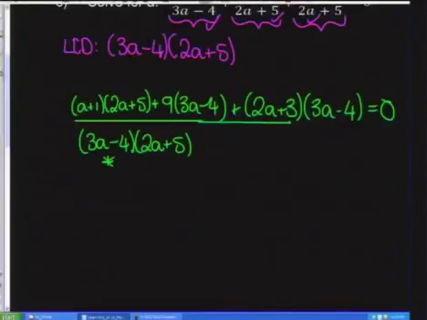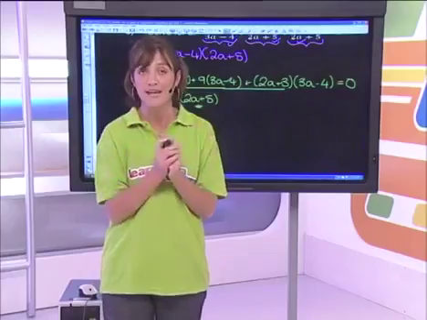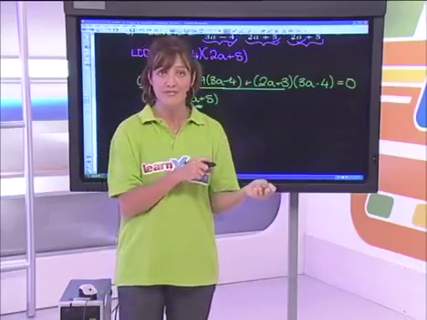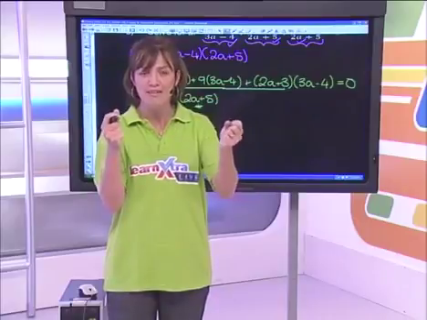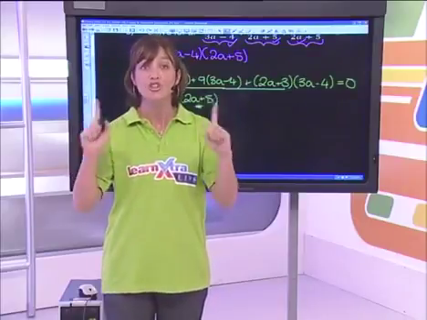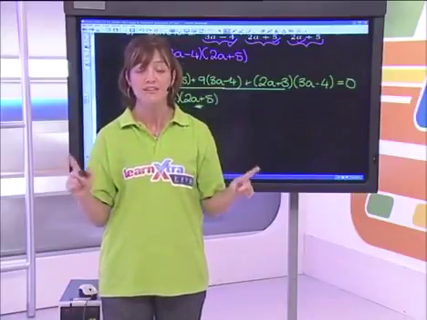So whatever my a value is in that first bracket, it cannot make my denominator equal to 0. And whatever my a is in that denominator over there, or that bracket, it can't make the denominator equal to 0. So point being, once we have actually got our answers for x, we need to just sub them back into the denominator and make sure that we don't get 0 in the denominator.